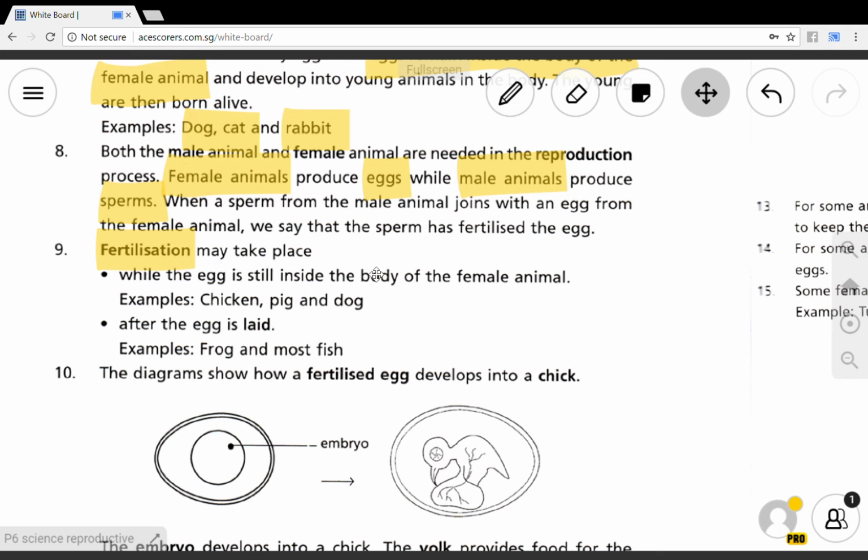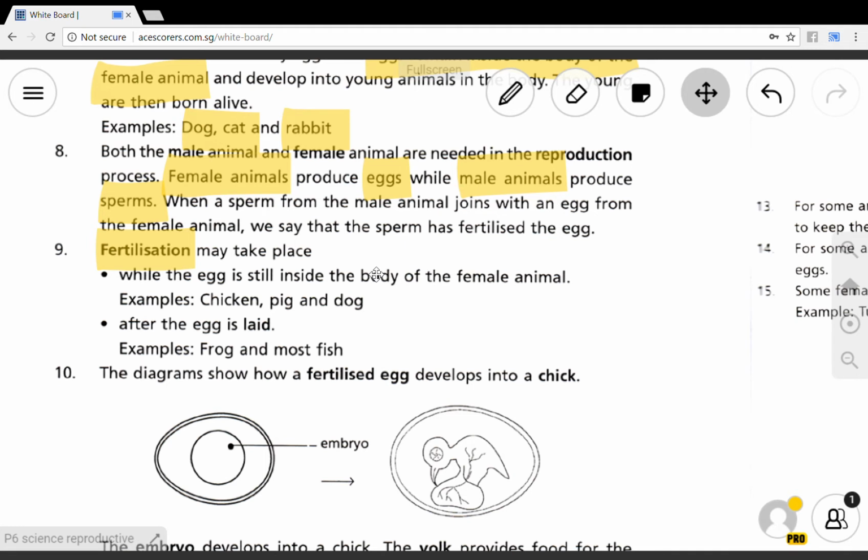Fertilization will take place when the eggs from the female and the sperm from the male meet. This fertilization can take place when the egg is still inside, that is for most mammals.